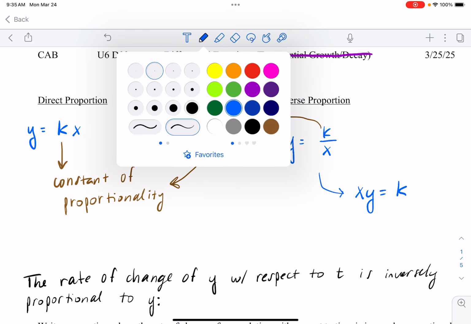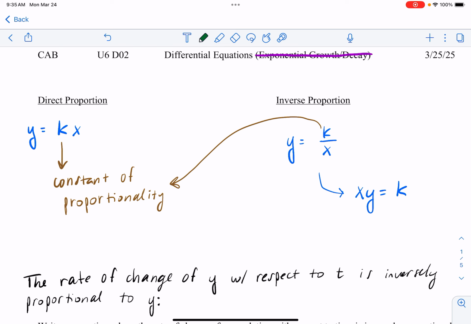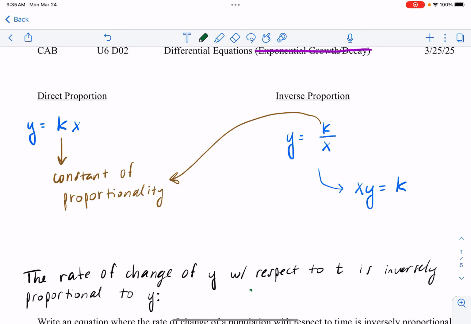So we know rate of change of y with respect to t just means dy/dt, the derivative of y with respect to t, is equal to, well, inversely proportional to y. So it's inversely proportional, so k over y, okay?